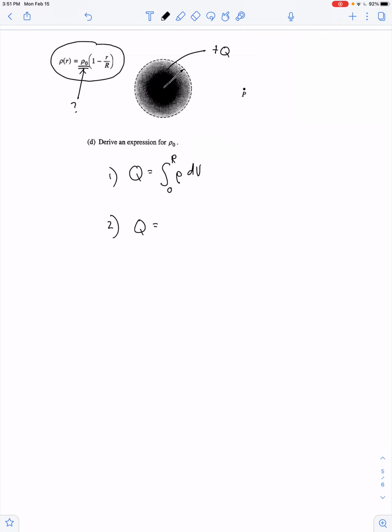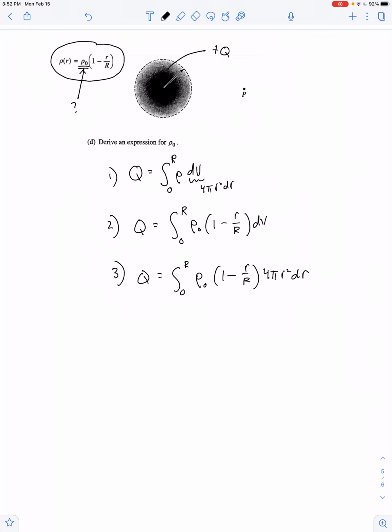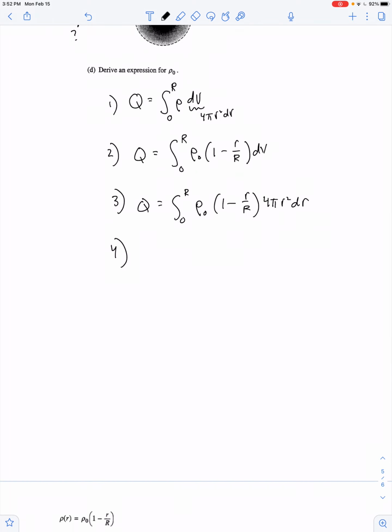So the total charge of the cloud is equal to the integral from the center to the surface of rho naught times the quantity 1 minus lowercase r over capital R dV. But dV is the same thing as 4 pi r squared dr. So let's take anything we can out in front of the integral sign.